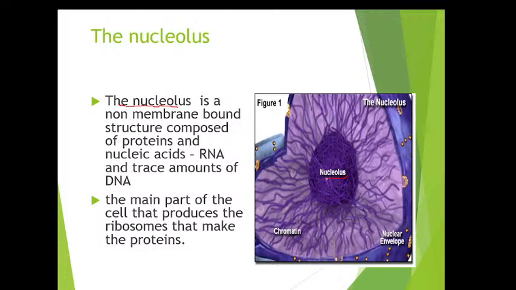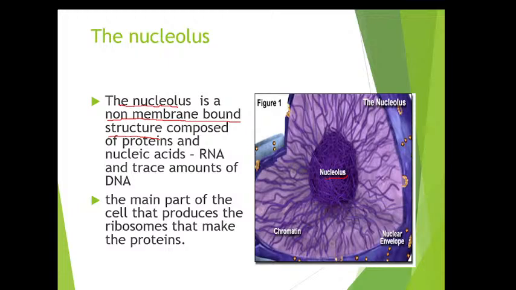It is found inside the nucleus. But what about its structure? It's not a membrane bound organelle. That is important. It is a non-membrane bound structure that is found inside the nucleus. Clear? Nucleolus, where is it found? Inside the nucleus.